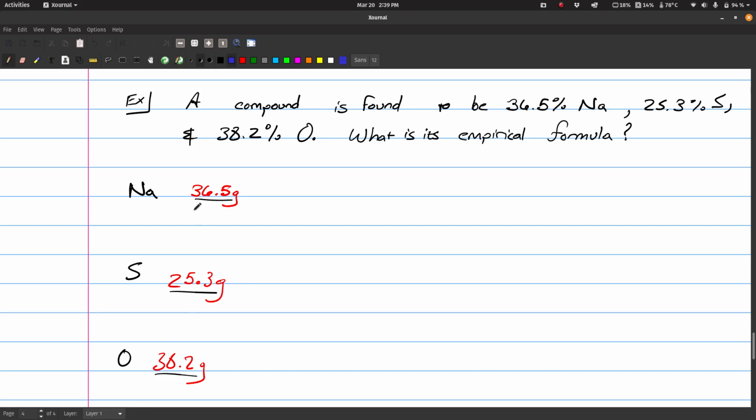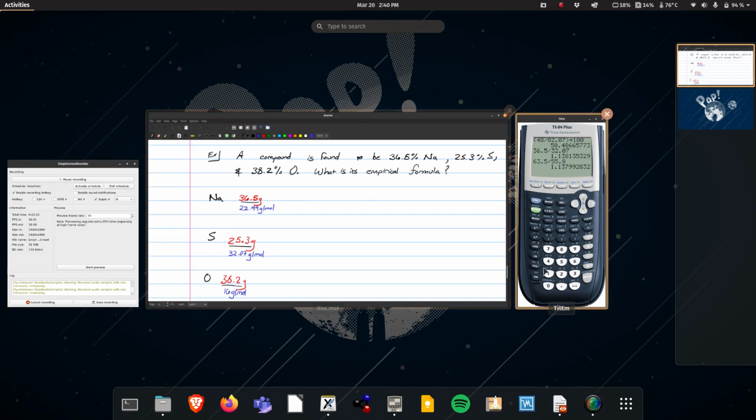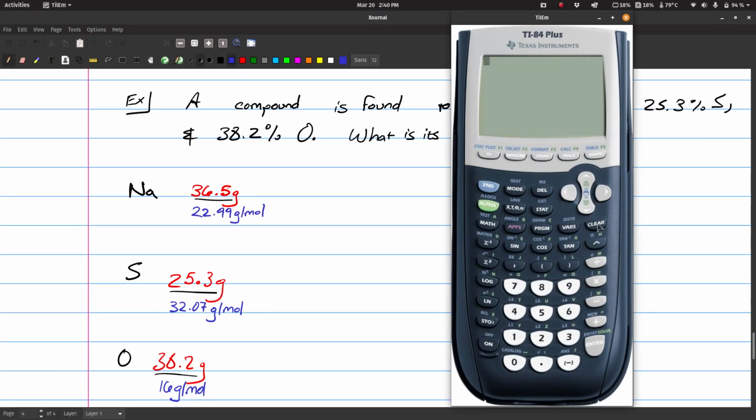So we know that sodium is 22.99 grams per mole. Sulfur is 32.07 grams per mole. And then oxygen is 16 grams per mole. So let's use our calculator. Clear all this off. So we have 36.5 divided by 22.99. That's going to be about 1.59, 1.6, something like that. 25.3 divided by 32.07.